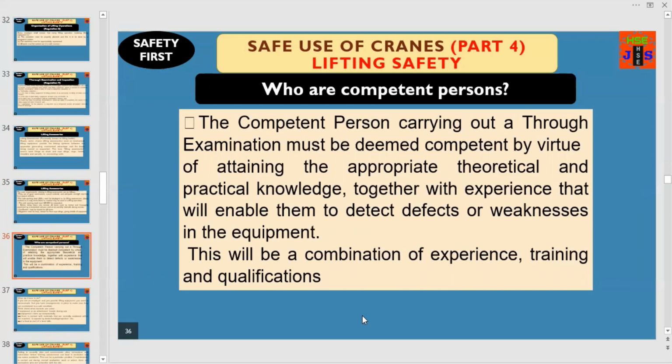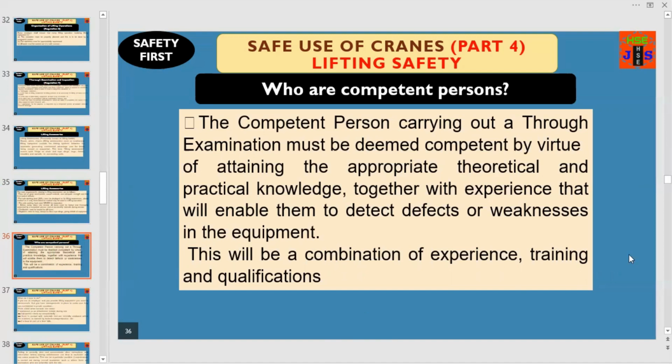A competent person carrying out a thorough examination must be deemed competent by virtue of attaining the appropriate theoretical and practical knowledge, together with the experience that will enable them to detect defects or weaknesses in the equipment. This will be a combination of experience, training, and qualifications.